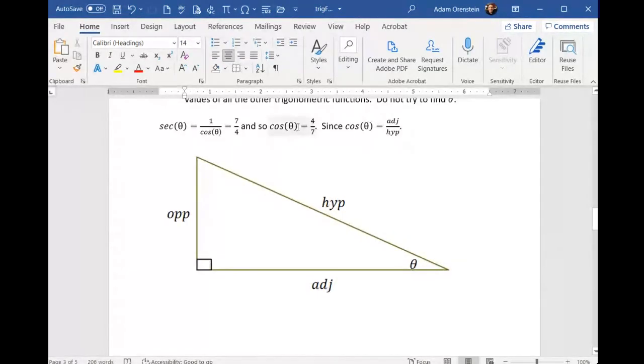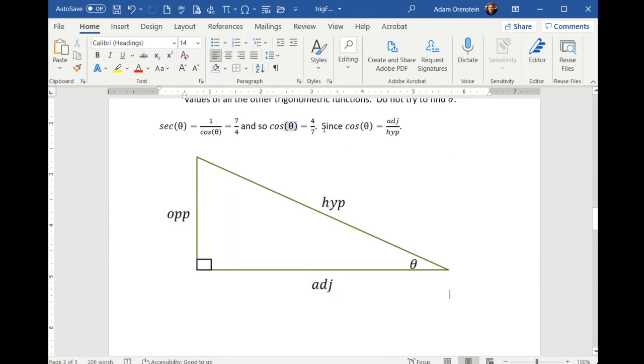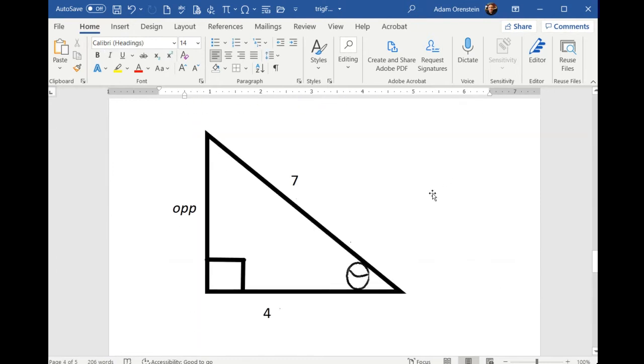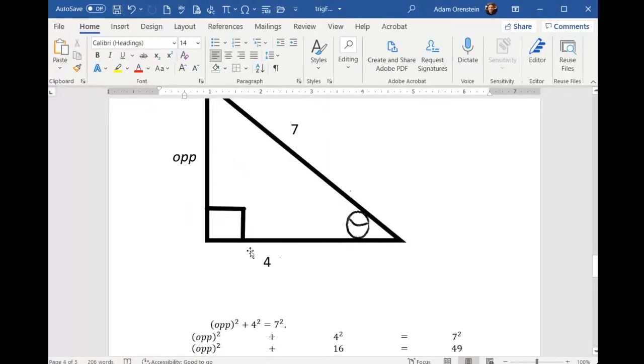So we can get a right triangle where this happens if we make the adjacent side of length 4 and the hypotenuse of length 7. We just want a right triangle where this is true. And that's this triangle. I know it doesn't look like this one, bear with me, I had to redraw this.